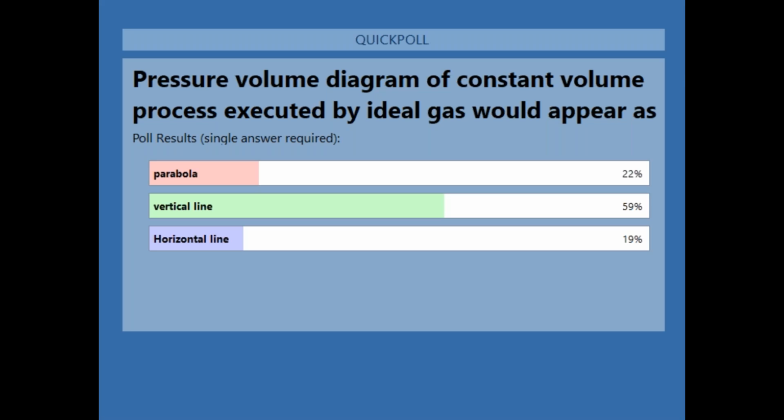So any process which is to be represented on a pressure volume diagram with the volume remaining constant would obviously be a vertical line. Let us not discuss this much now. I would be concentrating my attention first on the constant pressure process, and then, if time permits, I would go to the other types of processes.